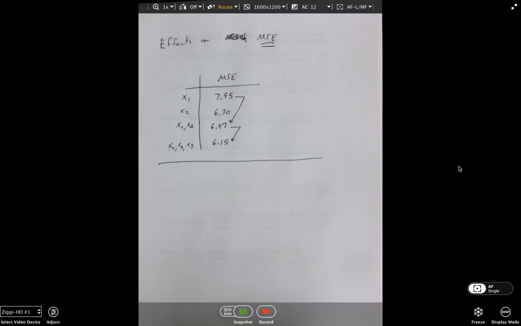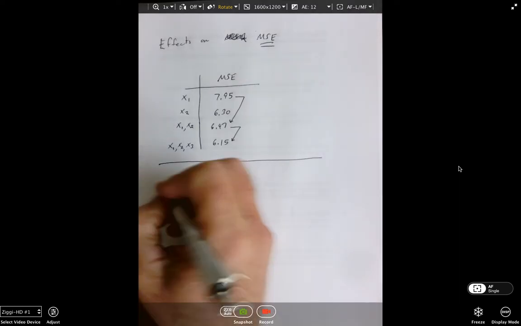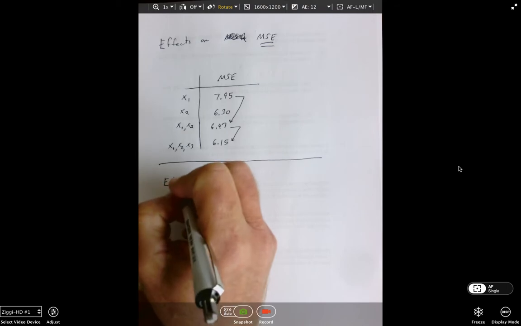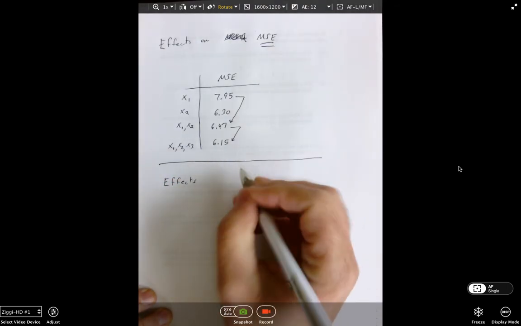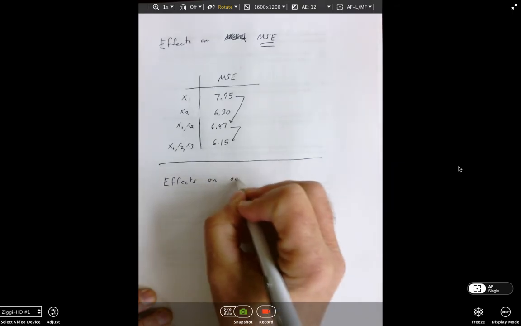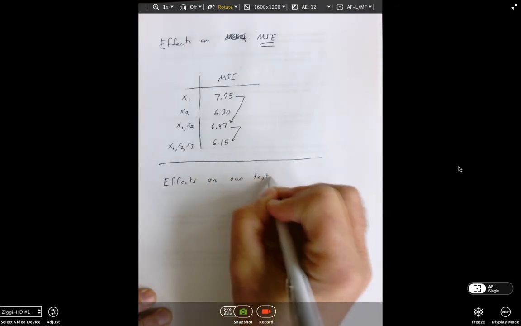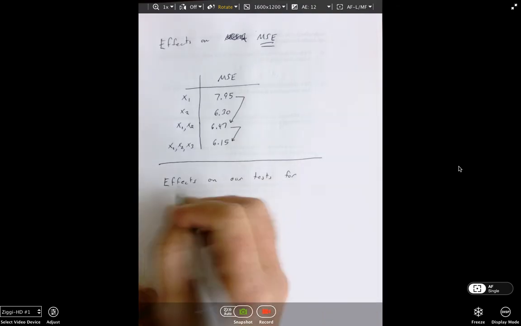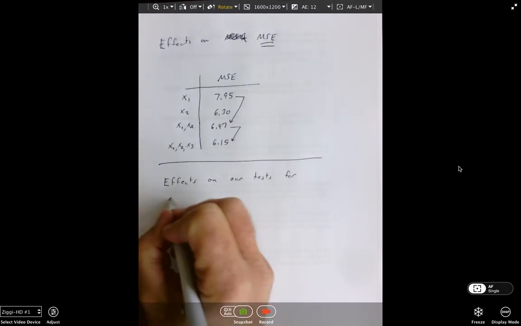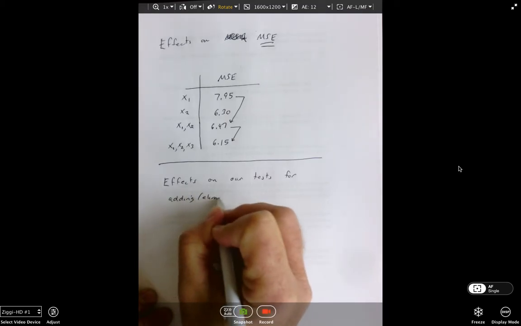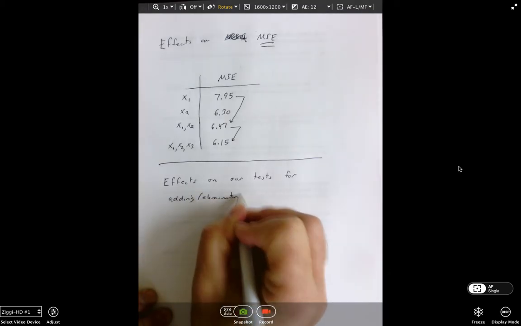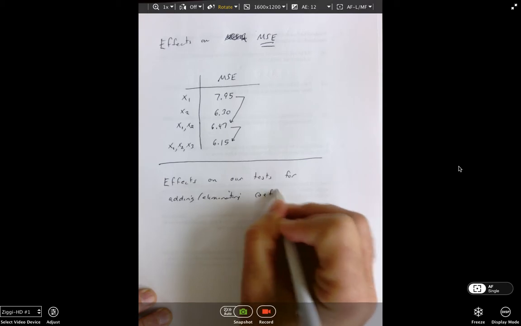Let's examine the effects on our test for adding or eliminating coefficients.